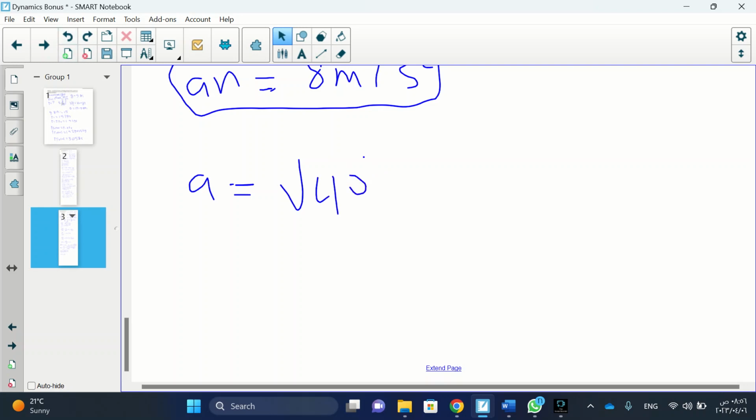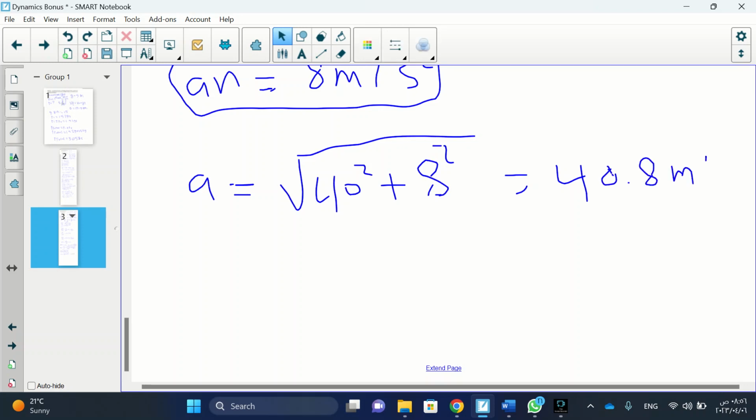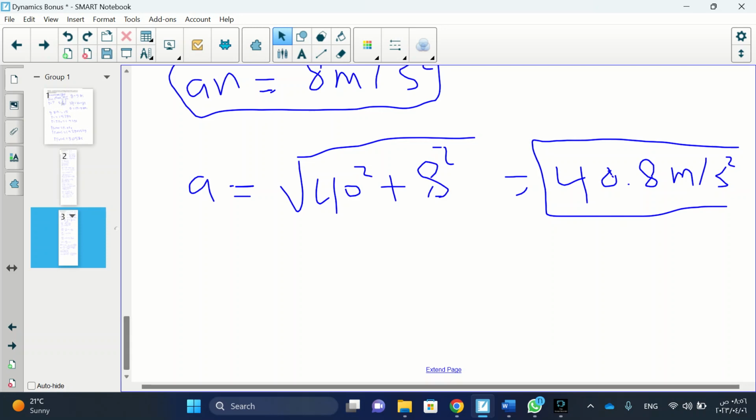Okay, 40 square plus a normal square, which is 8 square. So a will be 40.8 meters per second square. So now we found a and we answered the question.